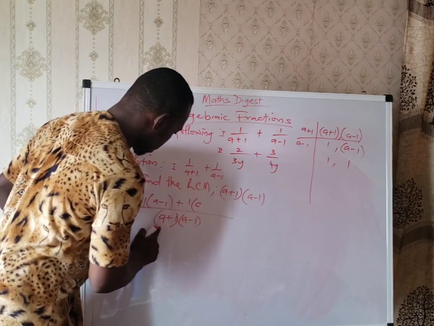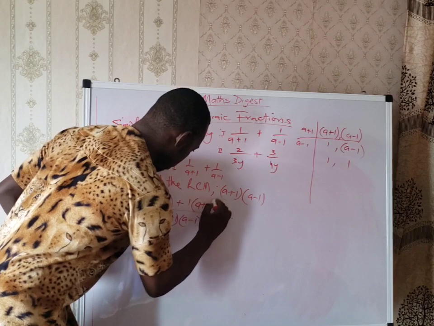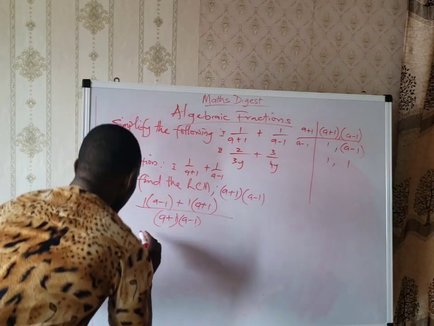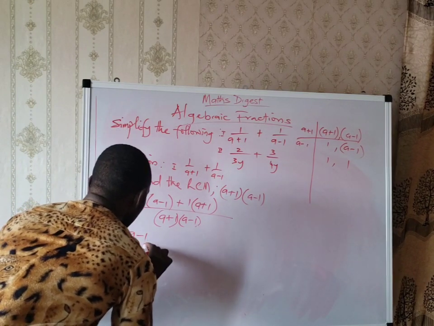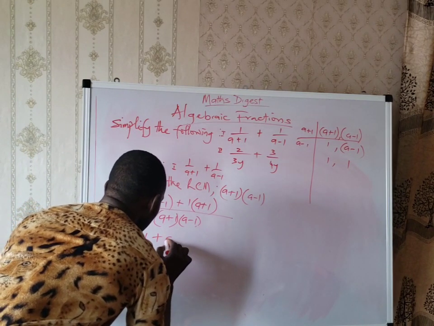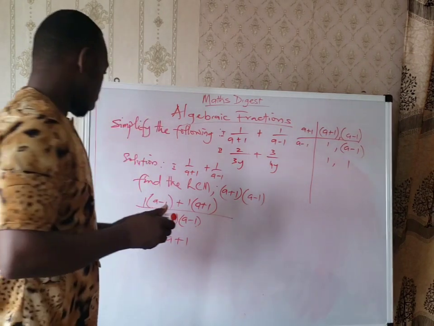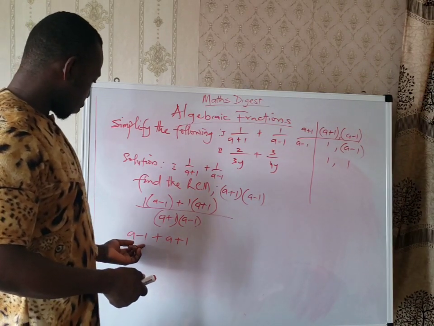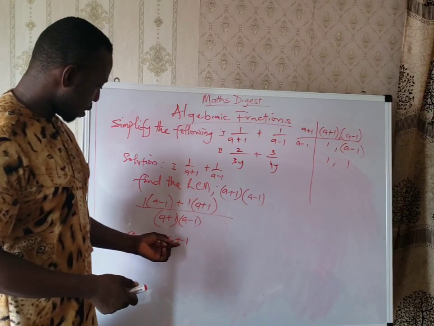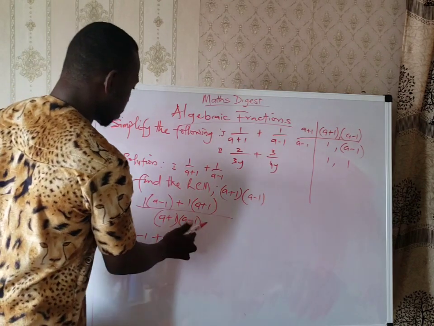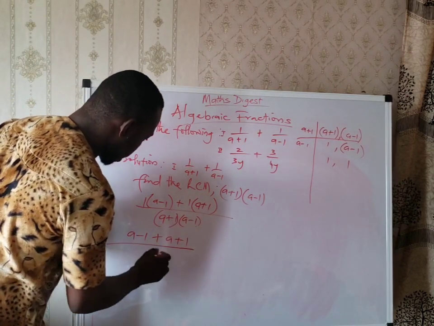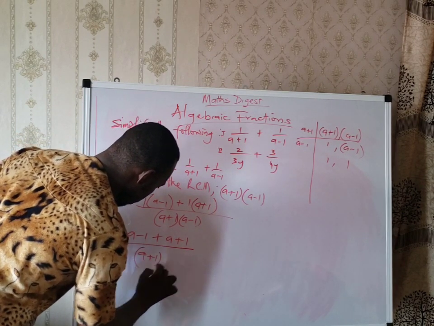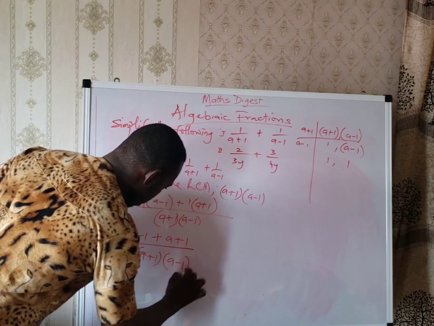Okay, so with this now, looking at this, we have a minus 1 plus a plus 1. We still return back the denominator, which is the LCM: a plus 1, a minus 1.